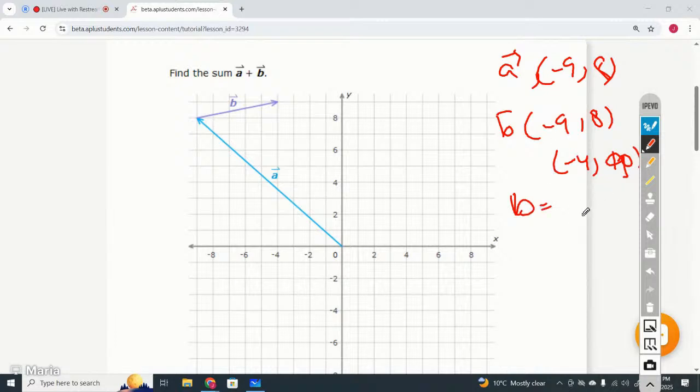So find out the components from here. That is -9 plus 4 is -5. 8 minus 9 is -1. Let's just use these 2 points and find the terminal. That is -9 plus 5, -4, and 7, -4 and 7 it is.